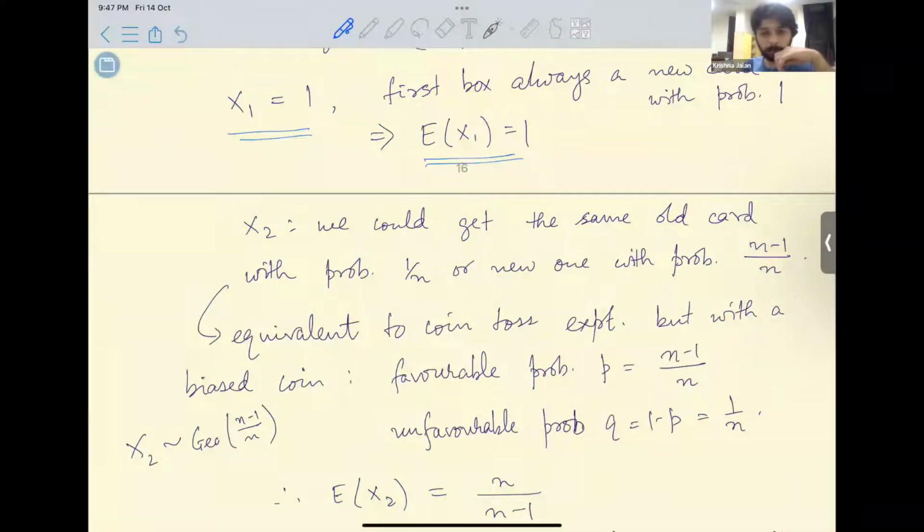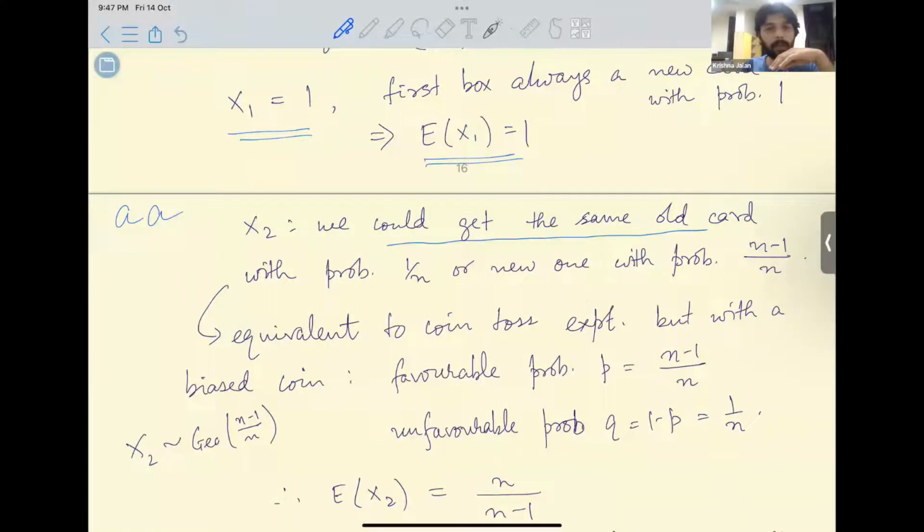So what is X_2? With X_2, we could get any of the old cards. X_2 is a sequence such that I require my sequence to have only 2 distinct cards. Okay. And I could have any number of old cards. Let's say I obtained the first box. I got some card, let's say A. I got a second box.